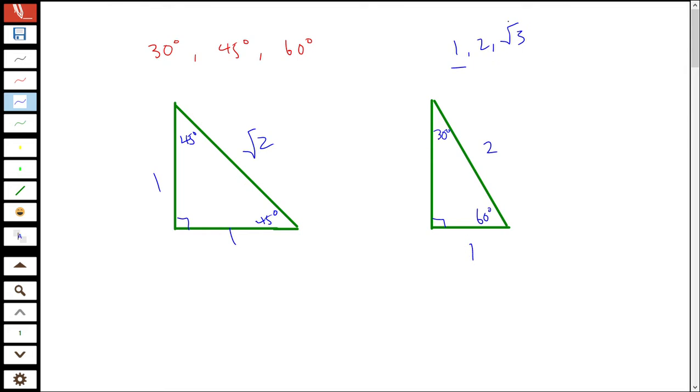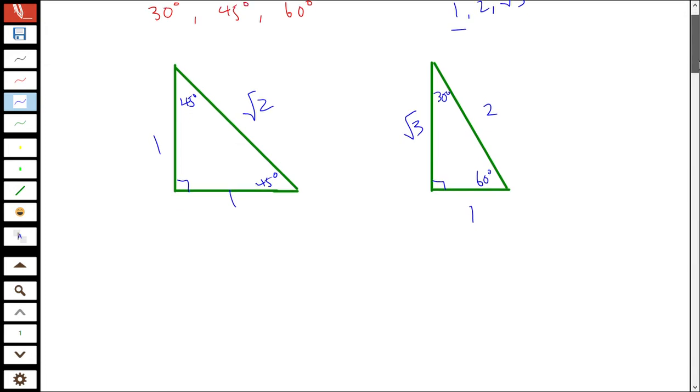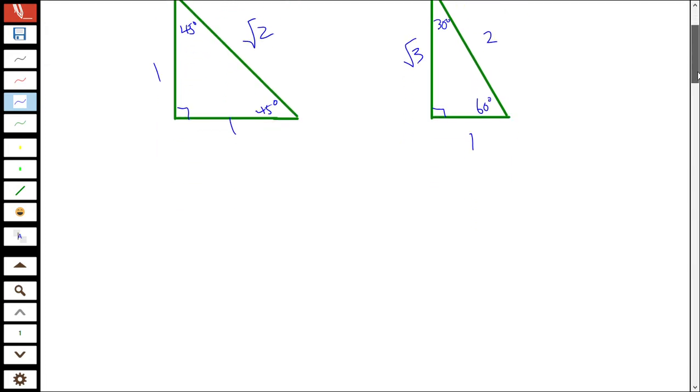And then root 3, which is the number in between, is going to be across from 60 degrees. You might need to constantly refer to these anytime you have a 30, 45, or 60. So sometimes it's a good idea to draw these triangles at the top of a page so that you can make reference to them.